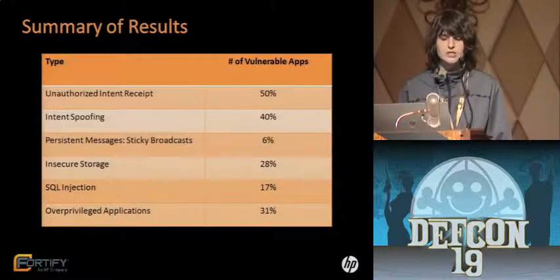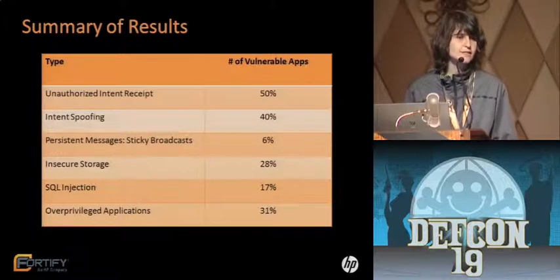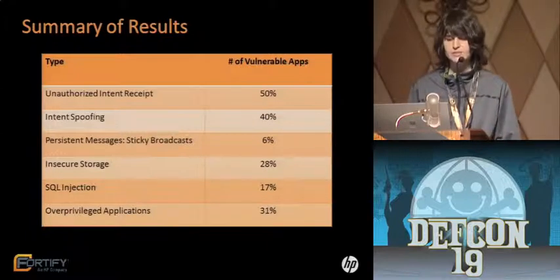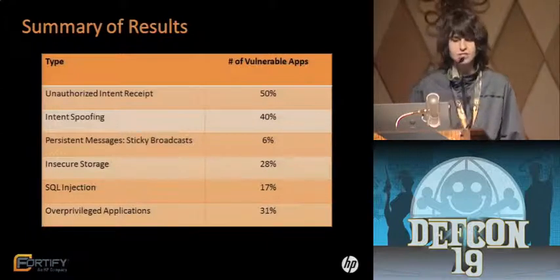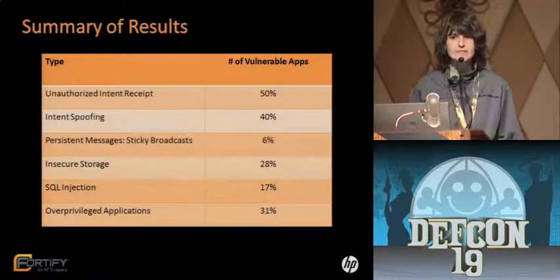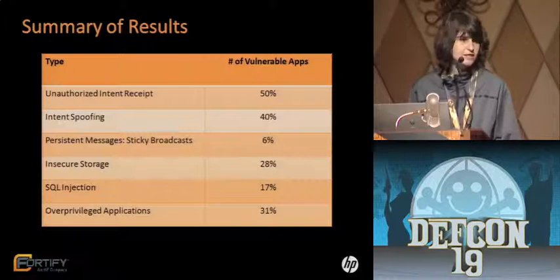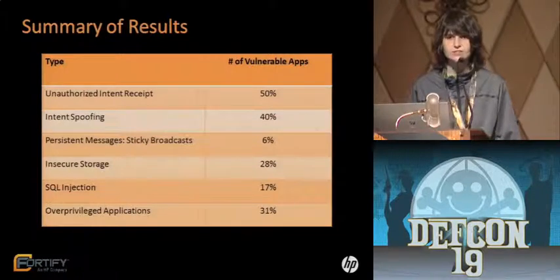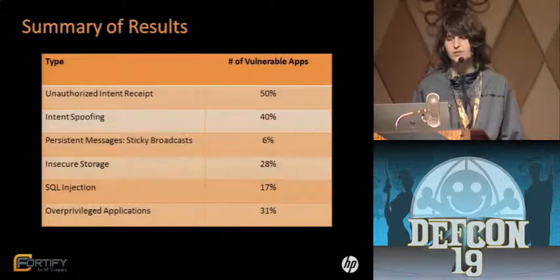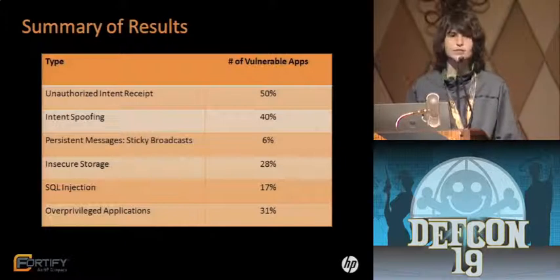In 6% of applications, we've seen the usage of sticky broadcasts. 28% of applications write some sort of sensitive data to insecure storage onto the SD card. 17% have SQL or query string injection, and 31% of all the applications we looked at turned out to be overprivileged.